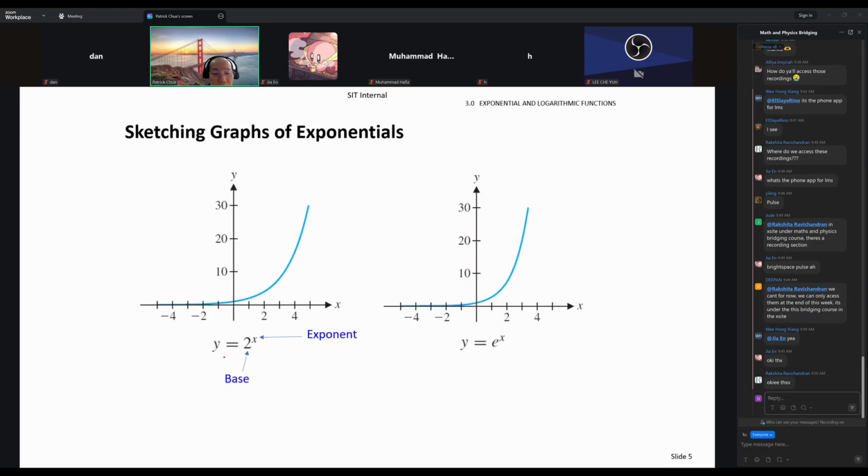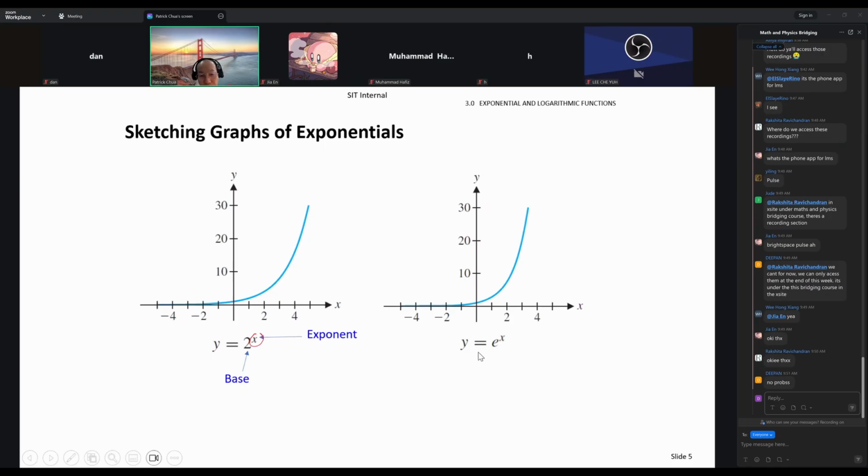So y is equal to 2 to the power of x. It's an exponential function. The exponent is x, and 2 is called the base. So the graph looks like what is shown there. It grows exponentially as x increases. All right, if we were to plot this, this is how it will look. And if you plot y equals e to the power of x, another exponential function, this is how it will look.